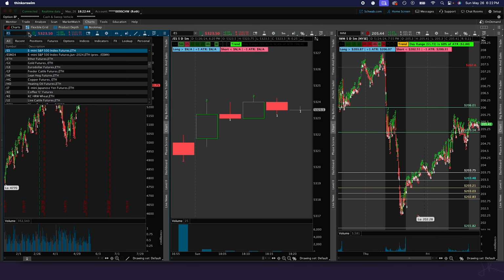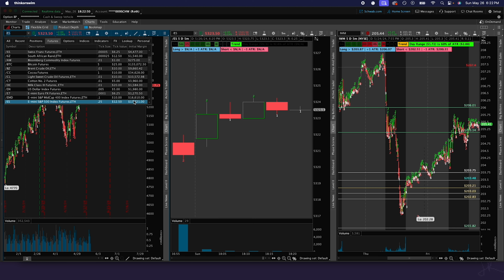Like on Thinkorswim with Schwab, the margin requirements are very high. So for one contract of ES, you need to have at least 17.7K in the account to trade one contract. And this price here fluctuates with market volatility. I think two weeks ago it was at like 12,000, and you can see it went up by 5,000.